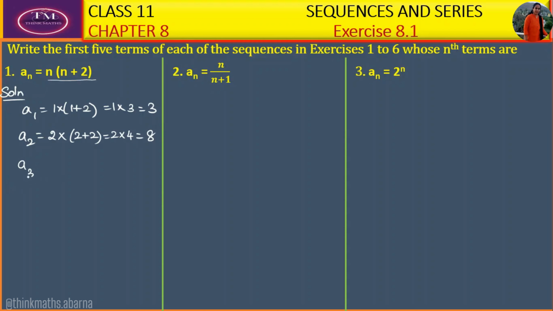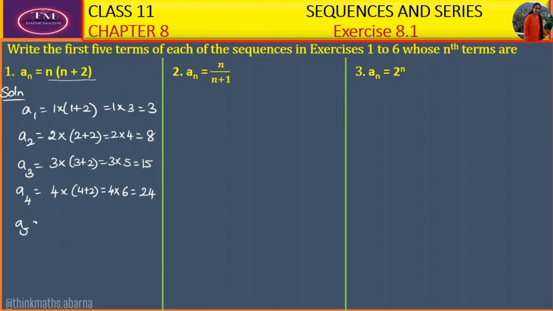Next A3. A3 is equal to 3 into 3 plus 2. So 3 into 5, 3 fives are 15. Next A4. A4 is 4 into 4 plus 2, so 4 into 6 is 24.